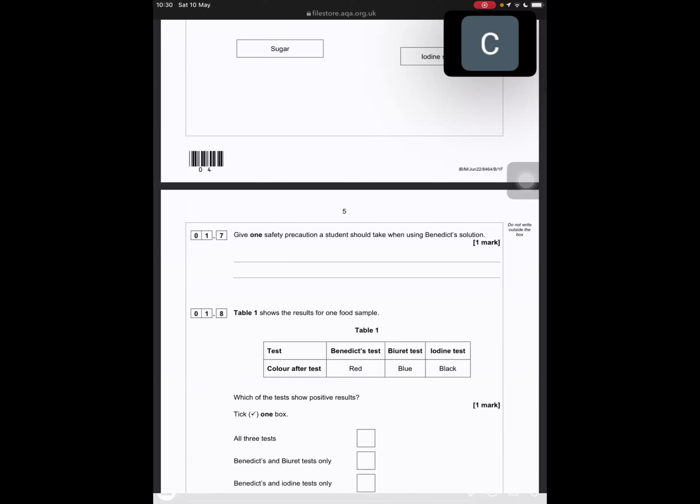It says give one safety precaution a student should take when using Benedict solution. One safety precaution.